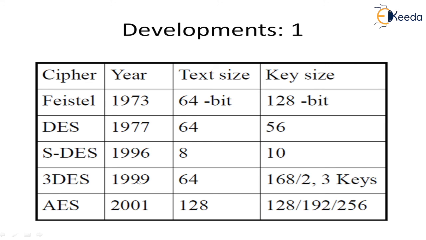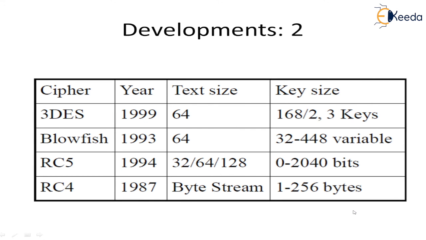Triple DES uses a 64-bit text size and a key size of 168 bits, from 2 or 3 keys. Now we are going to see the details about 3DES also. The Advanced Encryption Standard, invented in 2001, uses a 128-bit text size and a key size of 128, 192 or 256 bits. Then there are Blowfish, RC5 and RC4.